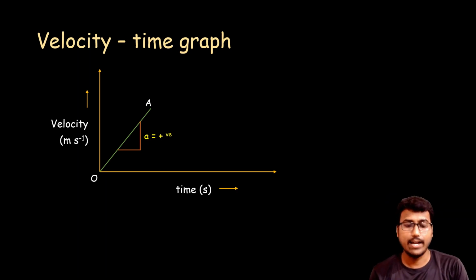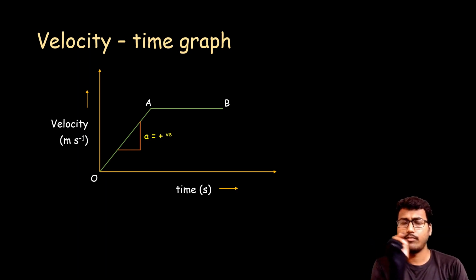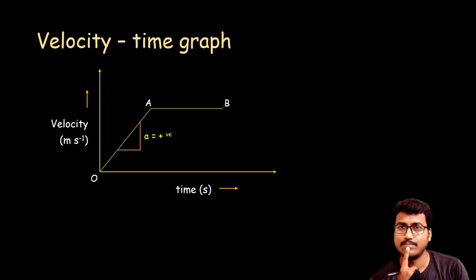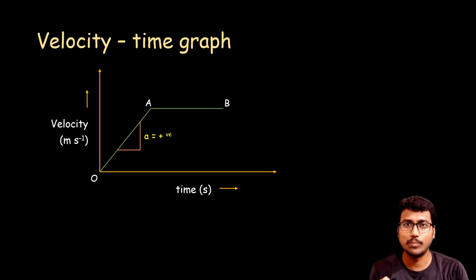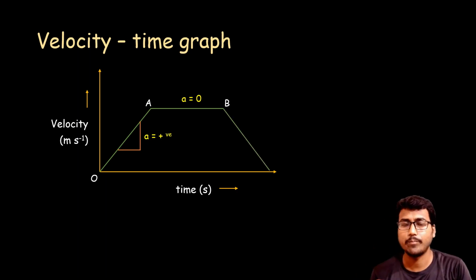So next we have the condition. The velocity is constant. It is not changing from A to B. The velocity is constant. What will be the acceleration? Acceleration is slope, so it is 0. A equals 0. Next, from B to C, if it is going, okay, so what will be the velocity? Velocity is increasing or decreasing?